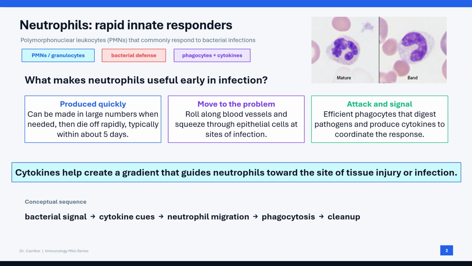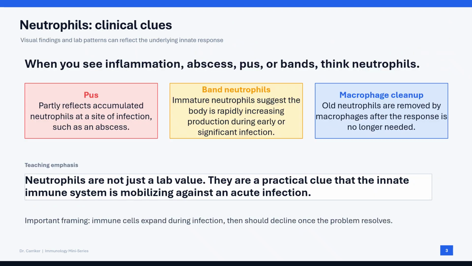So they're produced quickly, they move to the problem, and they attack and signal for activation of the immune system. So conceptually, we see the bacterial signal, the cytokine cues, the neutrophil migration, and then we have phagocytosis and the cleanup process. Now, pus is partly the accumulation of neutrophils.